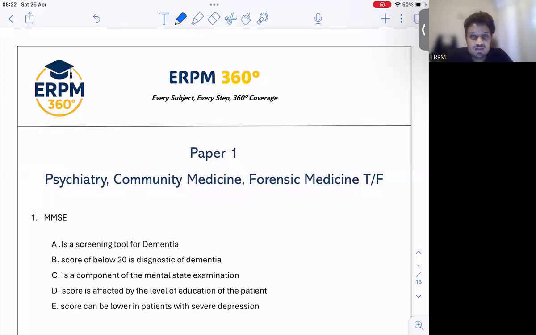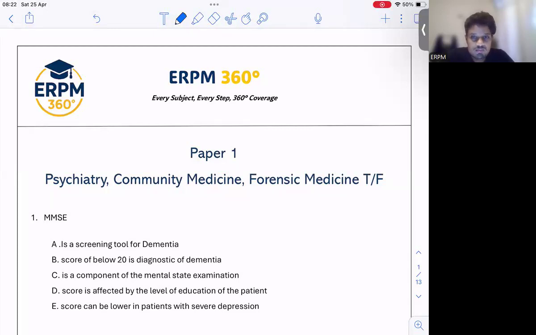But things are a bit different when it comes to community medicine and forensic medicine, because sometimes you can get those tricky questions from those two components. So it's very important you score at least 80% for psychiatry, because even if you get some difficult questions from the other two components, you can easily compensate.